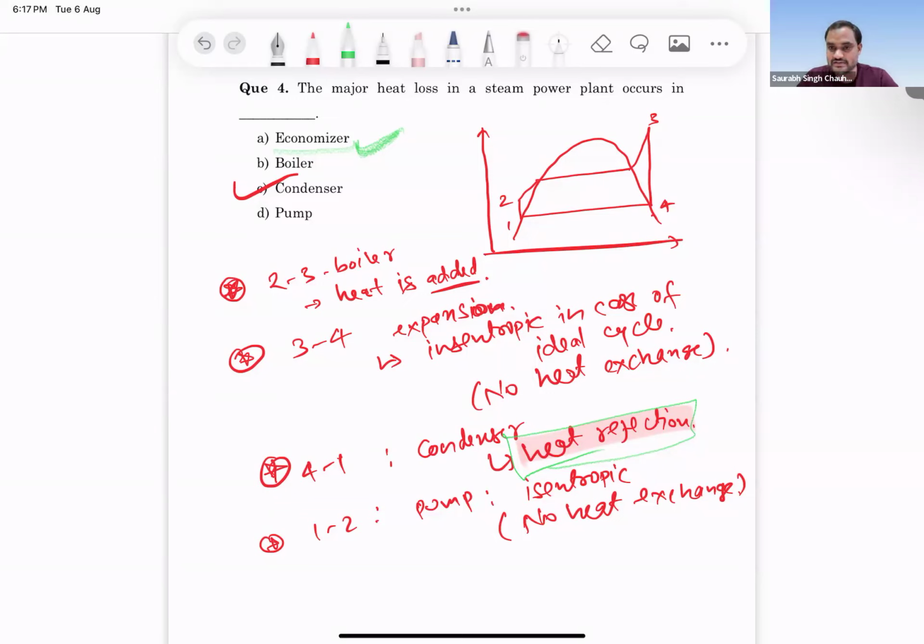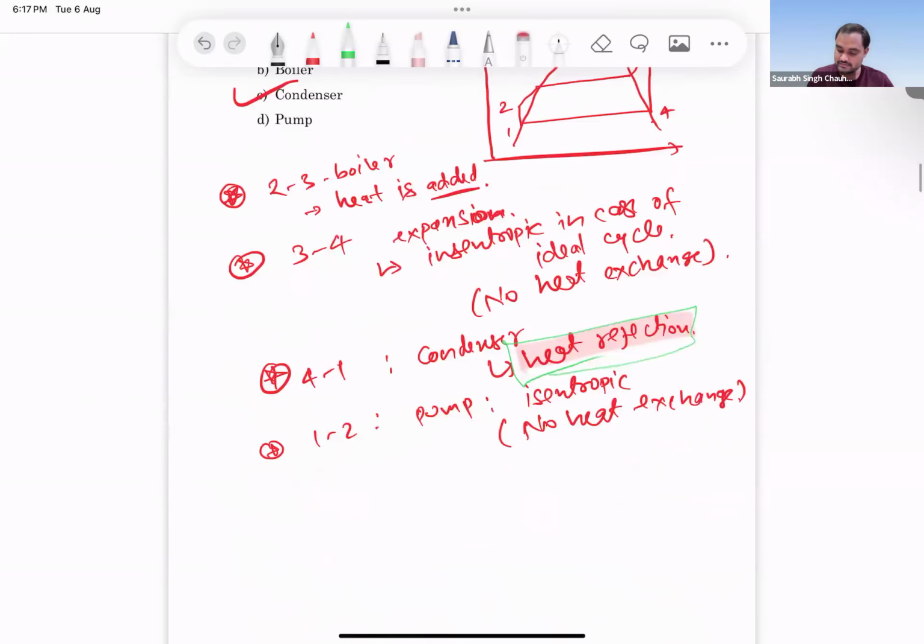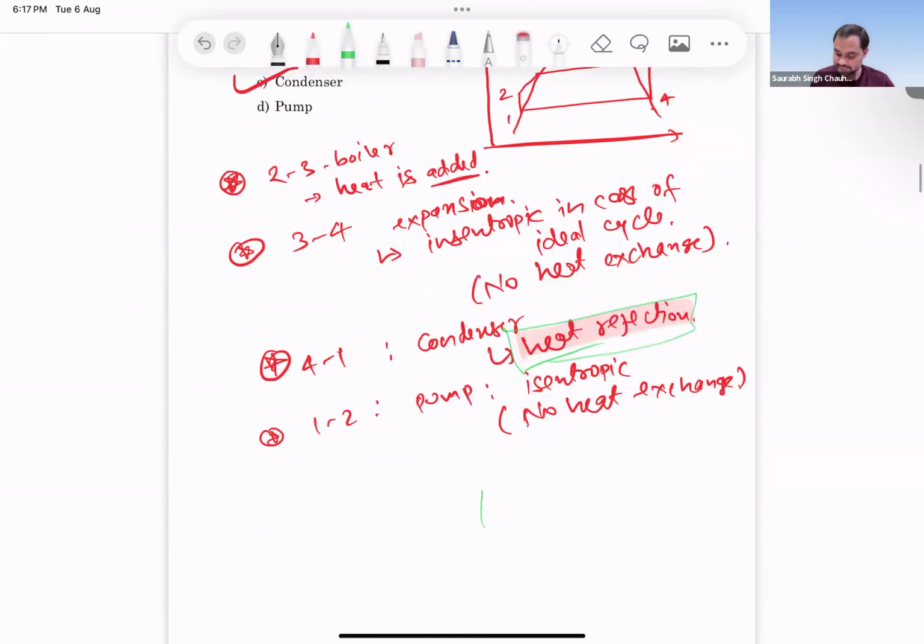There are exhaust flue gases which are coming out of the combustor, where the combustor is used to heat the water in the boiler. Okay, so in the boiler there is a heat addition process, and how is the heat added?